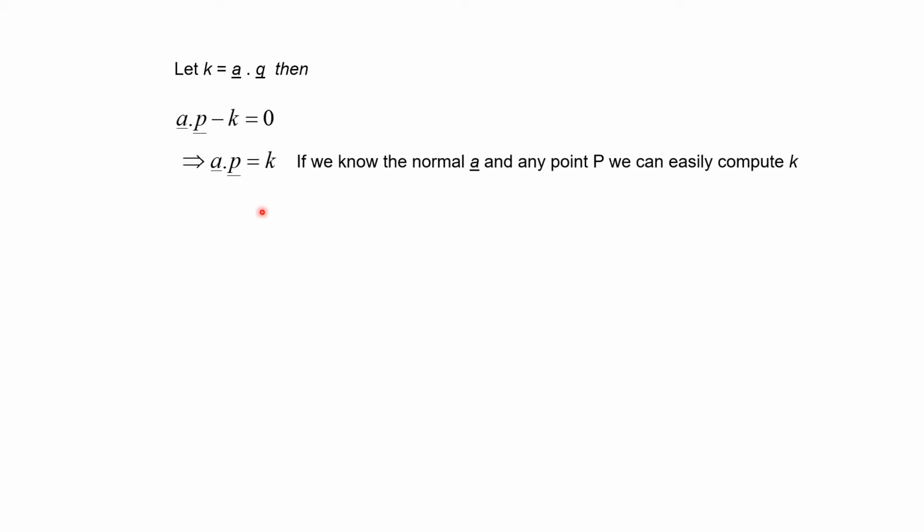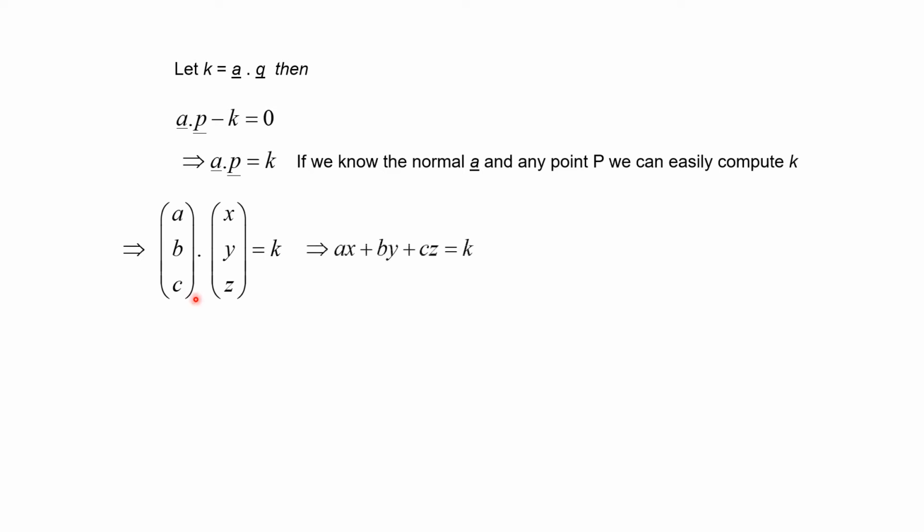So if we know the normal vector A and any point P, we can easily compute K. Provided we know the normal A, as in the component form of A, and also point P, which is x, y, z, we can compute K. So this is how we derive how to determine an equation of a plane.